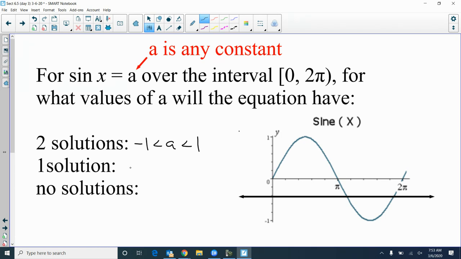One solution if A equals 1 or A equals -1. And then no solutions when A is greater than 1 or A is less than -1. That's for sine and cosine.